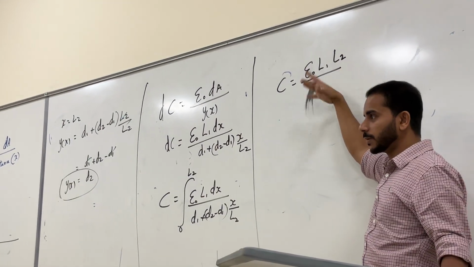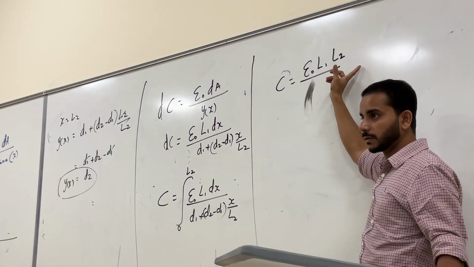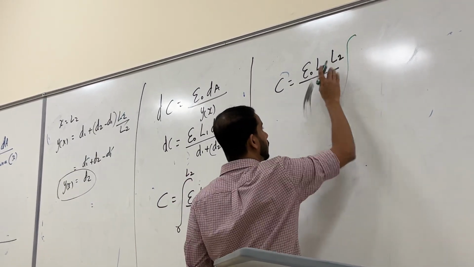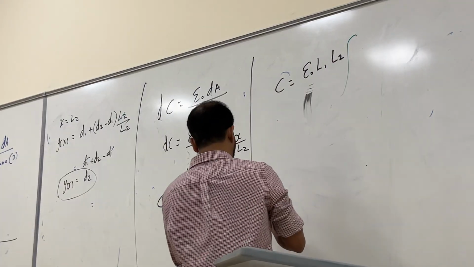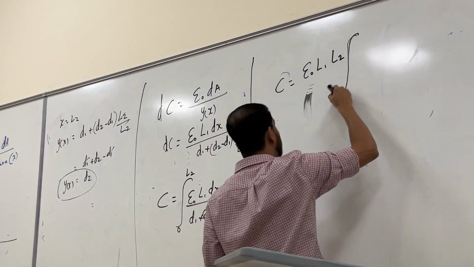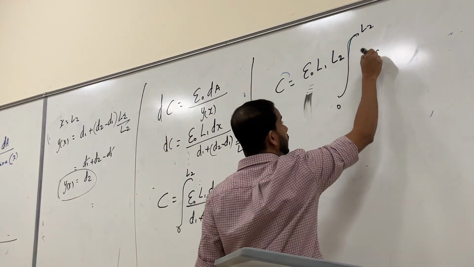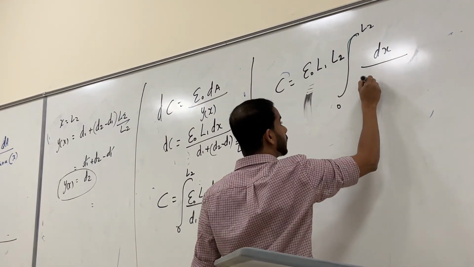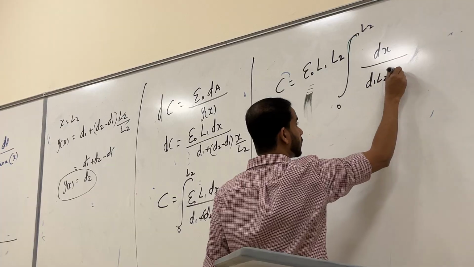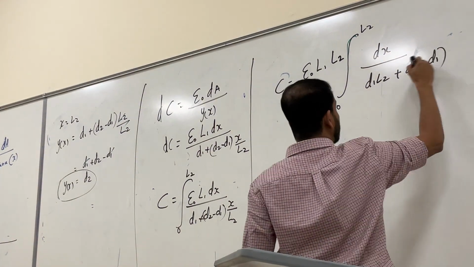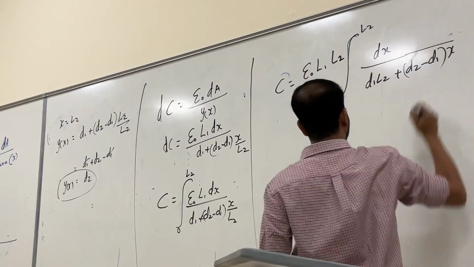You want me to write all the steps, or this is okay, right? So this will be, sorry, this is 0 to L2 dx over d1 L2 plus d2 minus d1 into x, right?